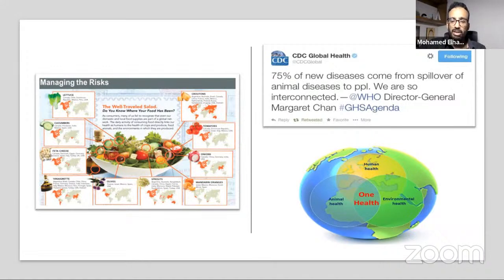Why? Because we are also using antibiotics at the farm, in the animals. So also in Egypt, we still use antibiotics as growth promoters. And when we use antibiotics, we eat this food, so we can acquire this resistance not only by misuse of antibiotics in the clinics, but also from eating food that is contaminated with antibiotic resistant bacteria. And that's why the main concept is One Health.